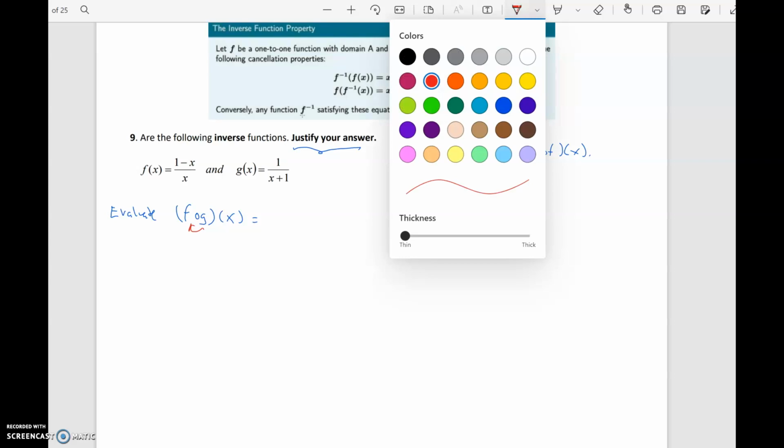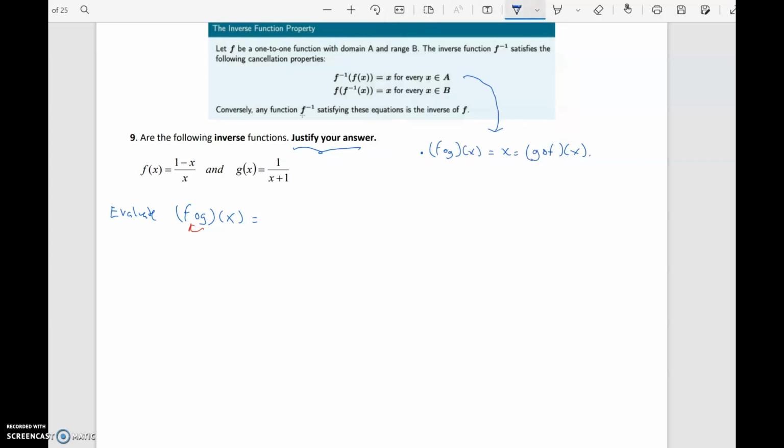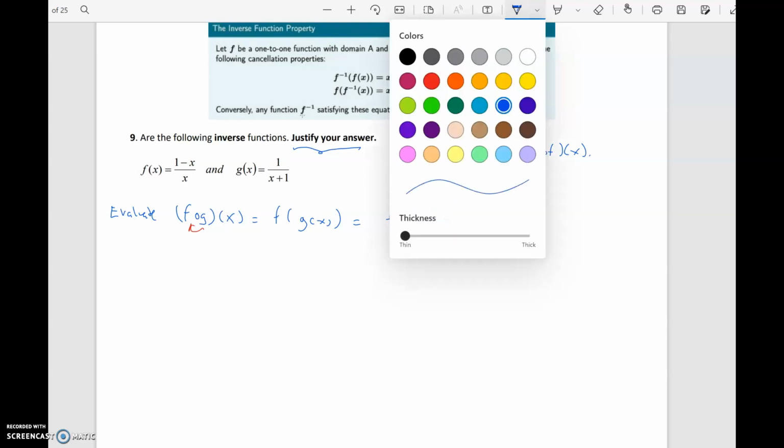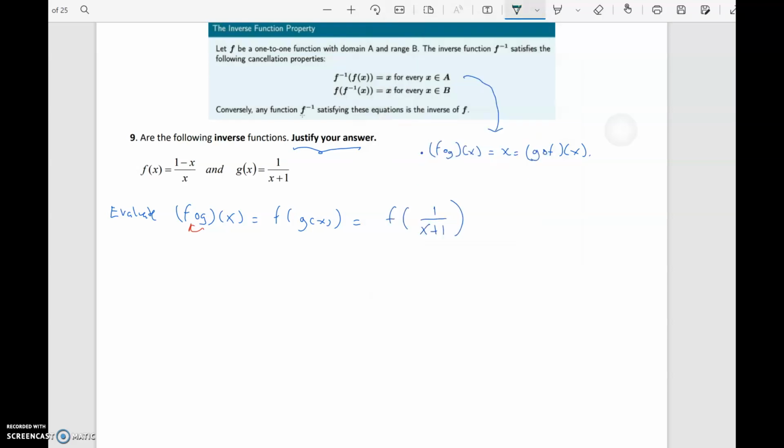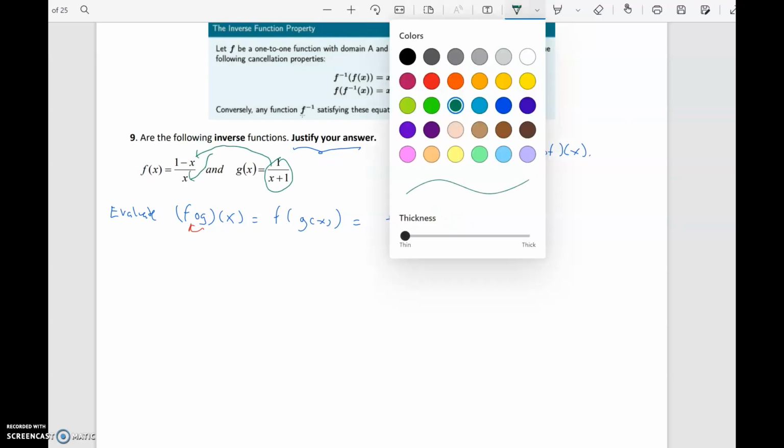This represents that the second function gets evaluated into the first. So this is f of g of x, or technically f of 1 over x plus 1. Every value of x plus 1 is going to be plugged into the actual x's.